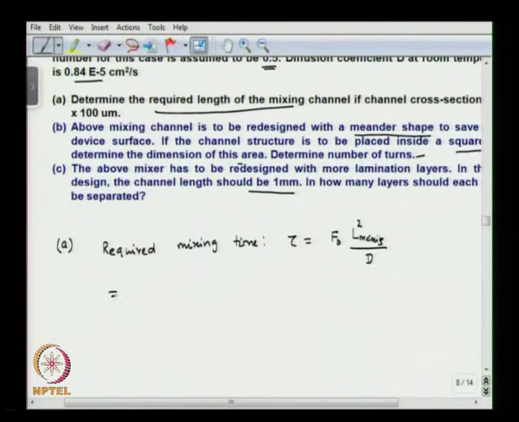So, this is going to be Fourier number is typically 0.5 and mixing length is 100 micron, 100 into 10 to the power minus 6 square, okay, divided by diffusion coefficient is 0.84 into 10 to the power minus 5. So, tau the time scale is going to be 5.95 second. Okay.